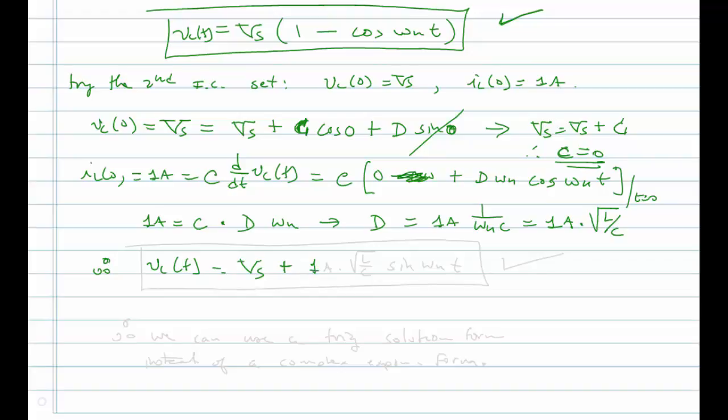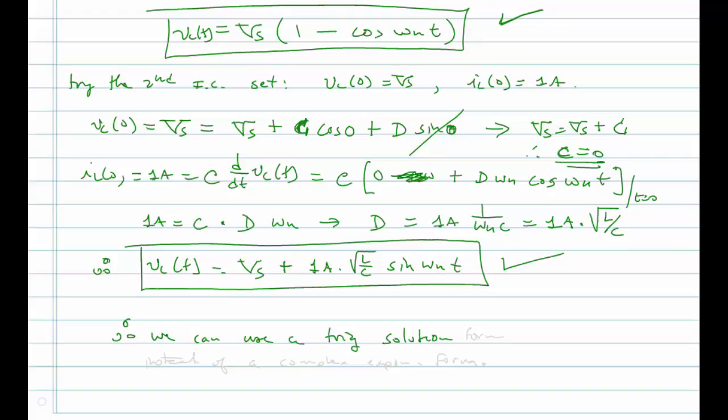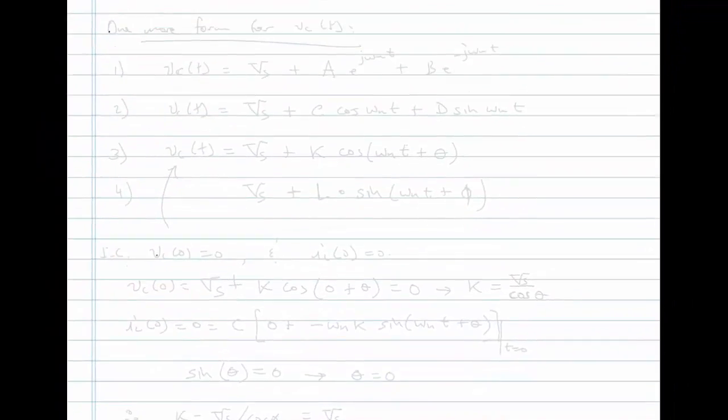So that's 1 amp times square root of L over C times sine omega n t. And that is the same answer that we found earlier. And so therefore, we can use a trig solution form instead of a complex exponential form, which is good news.